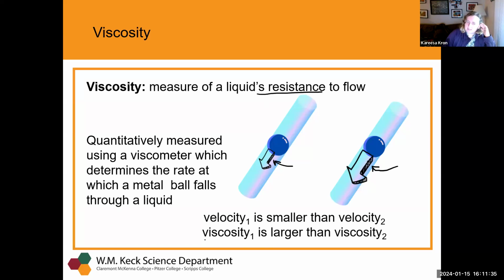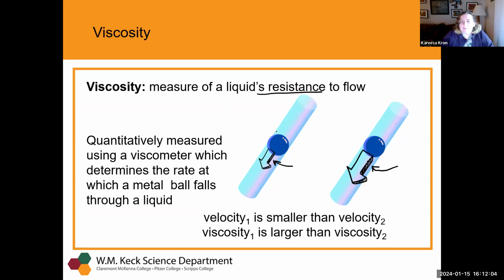And what that means is that the one that has a larger velocity is going to have a smaller viscosity. So if our velocity is small, then this ball is significantly hindered by flow as it moves down this tube. And that means that the viscosity of the liquid is high because it's really able to resist the flow.